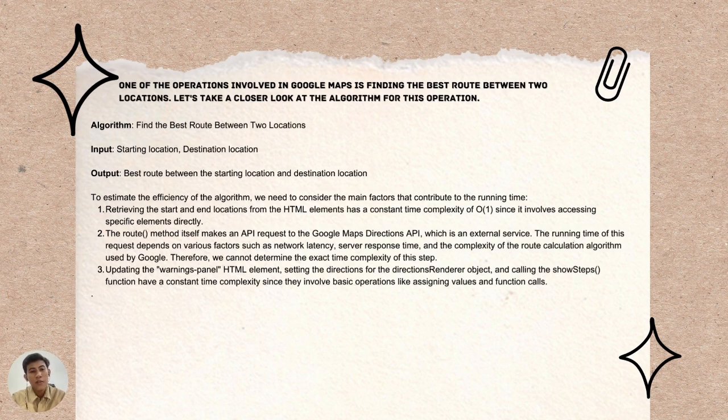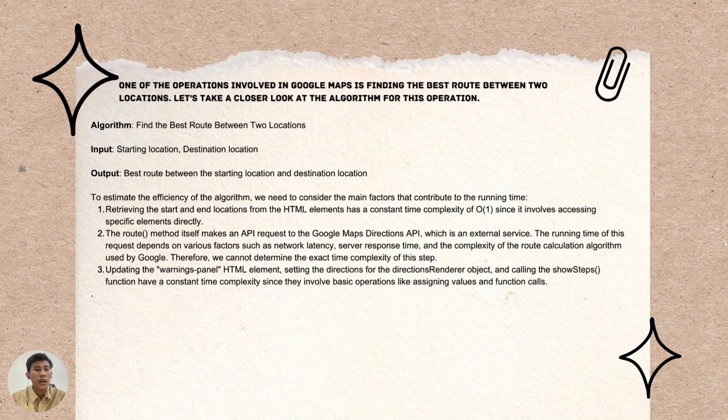The route method itself makes an API request to the Google Maps Directions API, which is an external service. The running time of this request depends on various factors such as network latency, server response time, and the complexity of the route calculation algorithm used by Google. Therefore, we cannot determine the exact time complexity of this step.